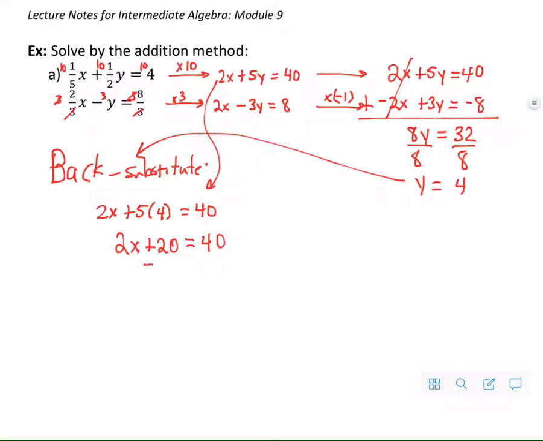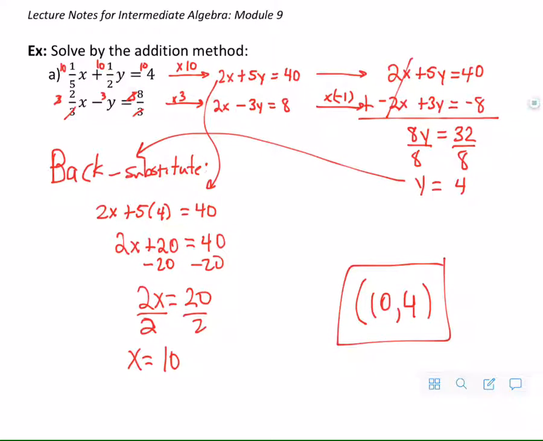All right, so subtract 20 from both sides. 2x equals 20. Divide both sides by 2. X is 10. Which means my solution is 4, 10. Nope. 10, 4. Good buddy. 10, 4.